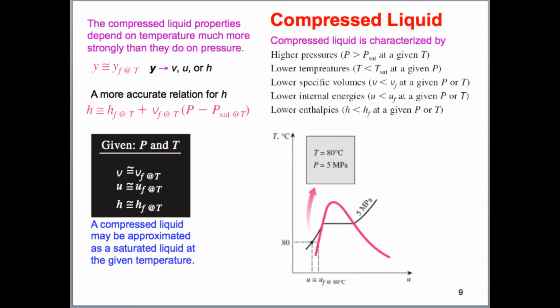If we look at a compressed liquid state, it is going to have lower temperatures and lower specific volumes. If you look in your text, you're not going to see too many examples of properties of compressed liquids, so what we're going to do is assume that the properties of the compressed liquid are the same as the properties of a saturated liquid of that same fluid at a given temperature.